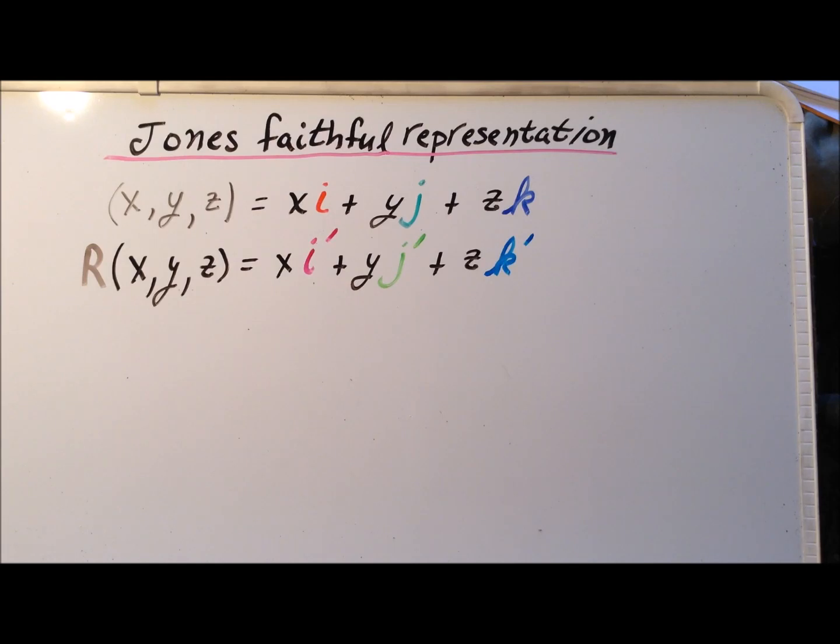We can interpret this transformation in light of the basis vector representation that we had seen in our previous video, and you can look right here in case you haven't seen that video yet, as interpreting what happens to each of the three standard basis vectors under this rotation. So the rotation will take i to i prime, j to j prime, and k to k prime.